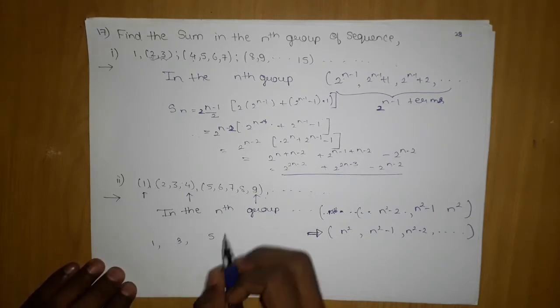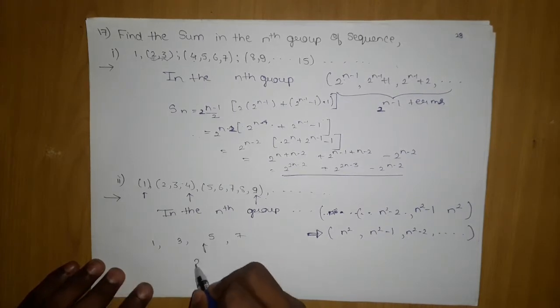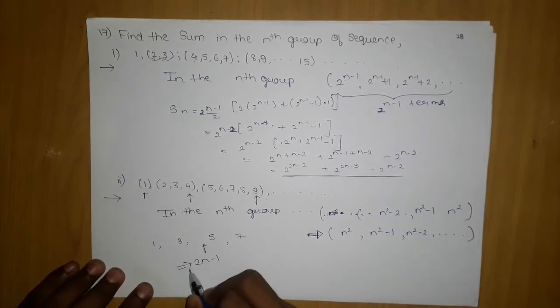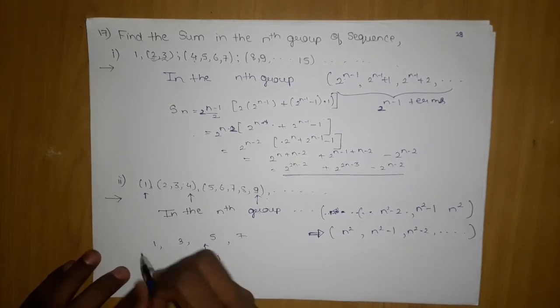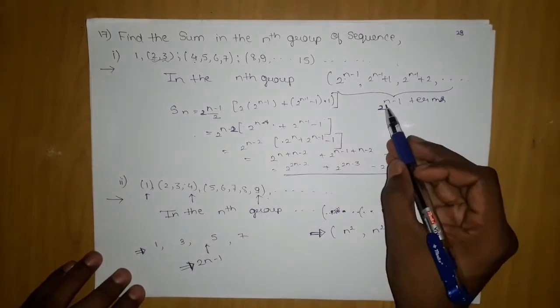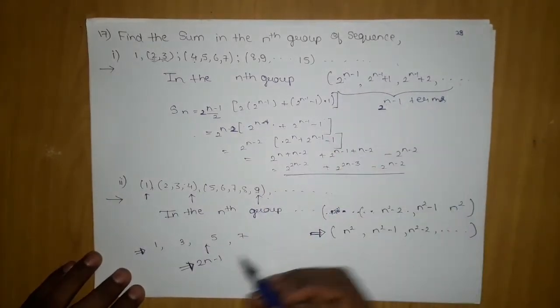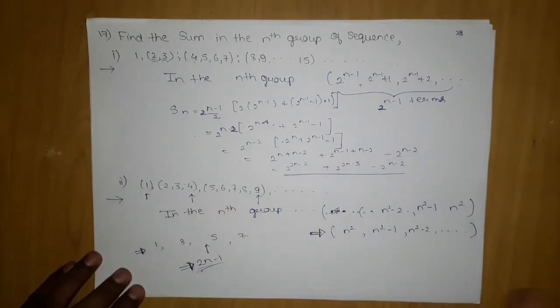You can observe 3, so after this will be 7 for sure. So can I predict there will be 2n minus 1? n odd terms are given by 2n minus 1. So this is the next way of predicting the number of terms. The first way was 2n minus 1, like observing this. The next way is by observing the number of terms, they are forming an AP or GP or like that.